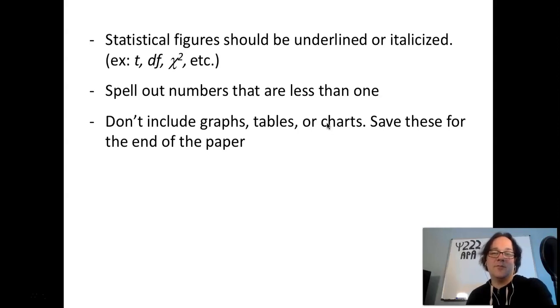So if we were reporting two in the results section, if we said we ran two t-tests, we would say T-W-O, not the numerical number or symbol of 2. But for numbers 10 and above, we just present the number itself, the symbol.